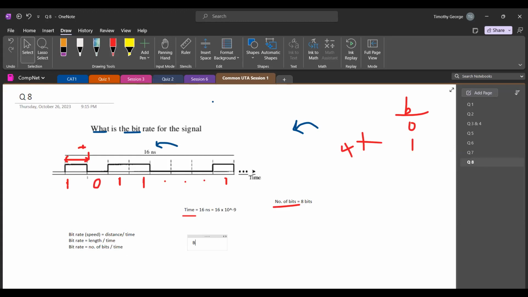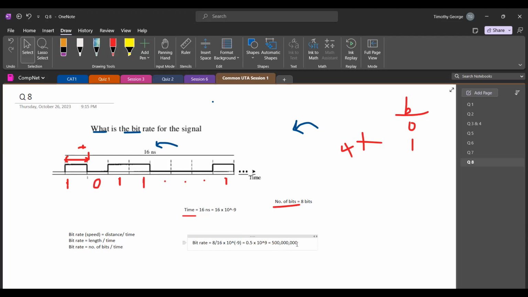So simply you can write bit rate equals 8 bits divided by 16 times 10 to the power of minus 9. That would be 0.5 times 10 to the 9, because 8 divided by 16 is 0.5, and then you move this up.